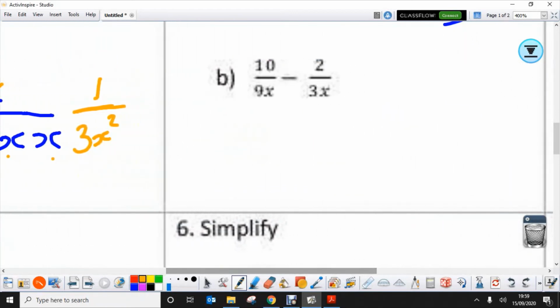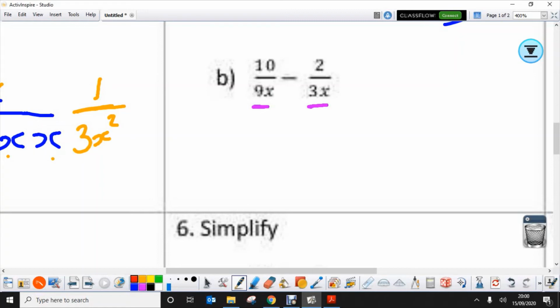On B, same rule of thumb, I'm going to try and multiply my fraction out. I've got 9x here and I've got 3x here. So if I times the bottom of the fraction together, I'm going to end up with a quadratic. I'm going to end up with an x squared term, and I don't really want to do that.